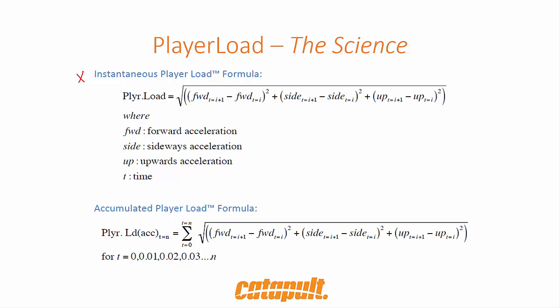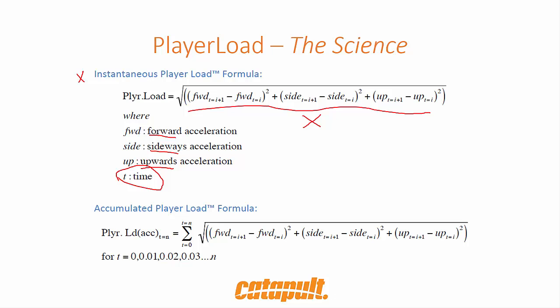Like I mentioned before, it's accumulating your accelerations in your forward, sideways, and up with relation to the time you spend in those zones. We divide it by a scaling factor, because if we didn't, we'd have numbers in the hundreds of thousands, and it wouldn't be a very nice number to work with.